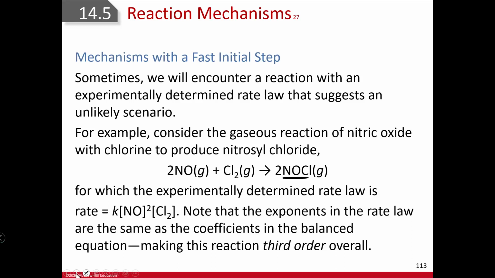So you write the rate law. If this was an elementary step, that looks good, right? Because this reflects this. So this is what the rate law is determined to be experimentally. And overall, this is a third order reaction. If you add up this order plus the one here, it's third order overall.